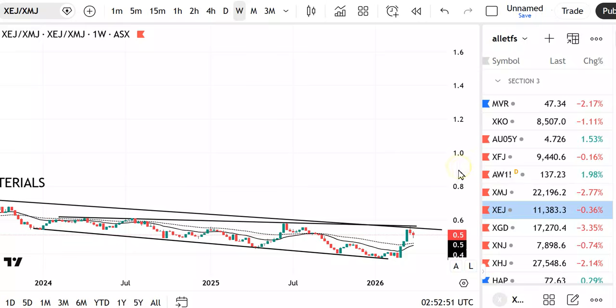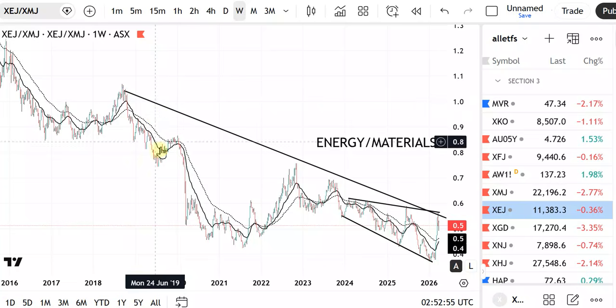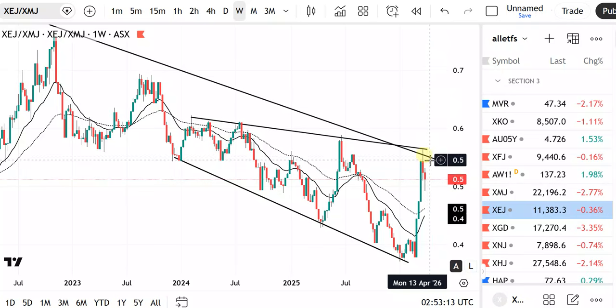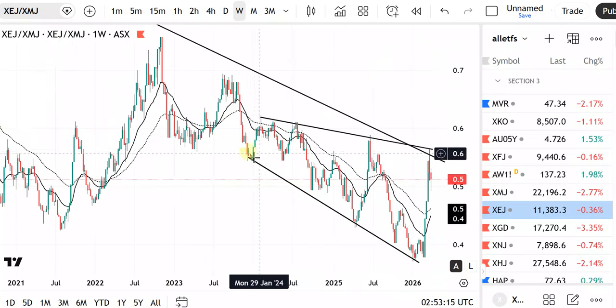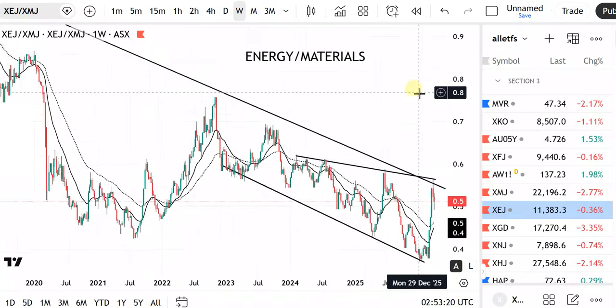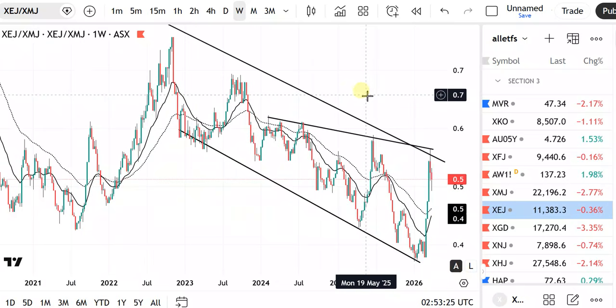Energy hit resistance here, but there is a possibility that this comes down a bit, and then energy starts outperforming materials and actually breaks that, which would be significant. It's not going to help our share market though, because it's only 3%.